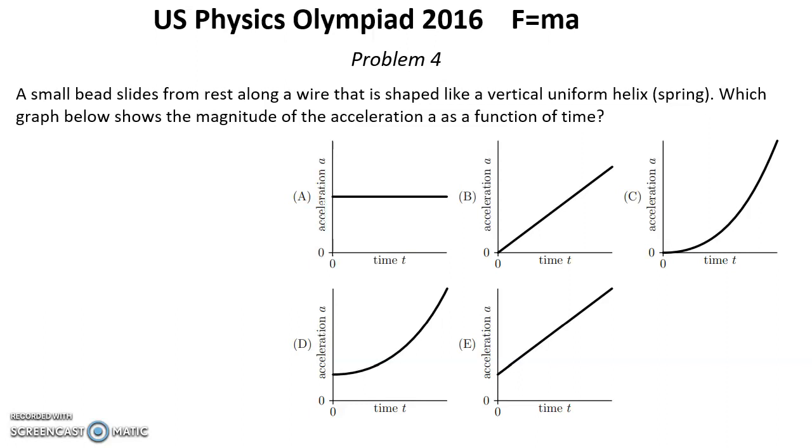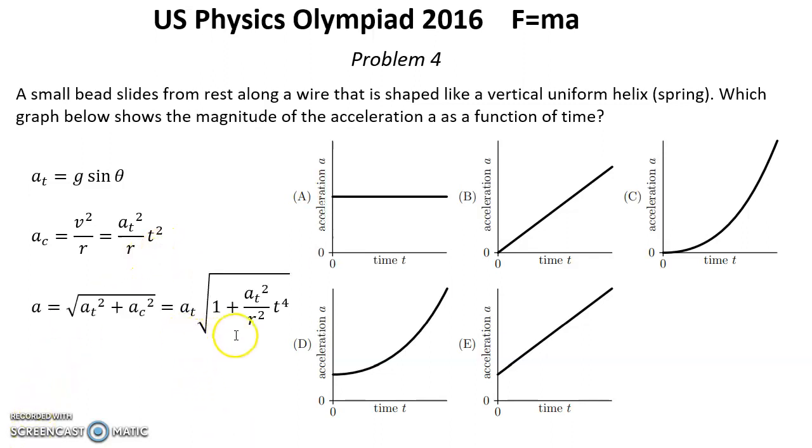Tangential acceleration equals g multiplied by sine theta, where theta is the angle of inclination of this helix. Also, moving in a circle, it has a centripetal acceleration which is equal to v squared over r, which is the tangential acceleration squared over r multiplied by t squared, and finally the total acceleration equals this square root, which is this one.